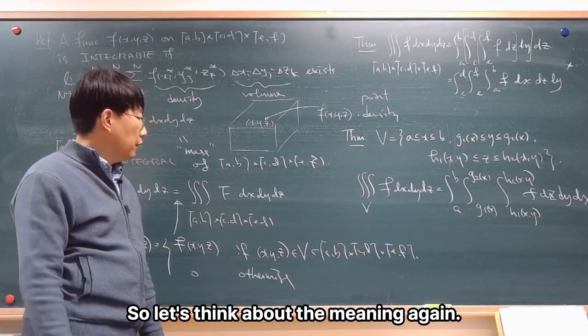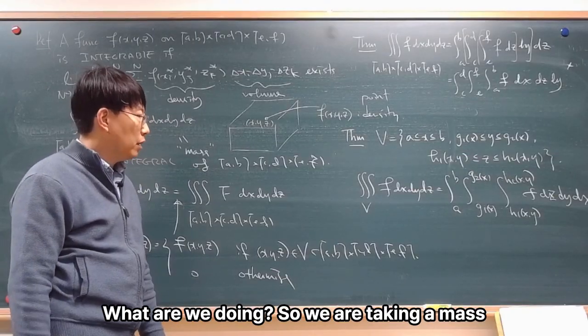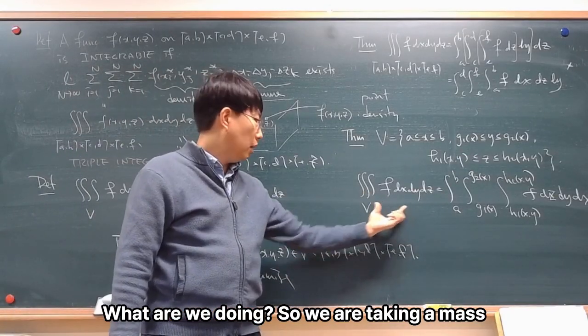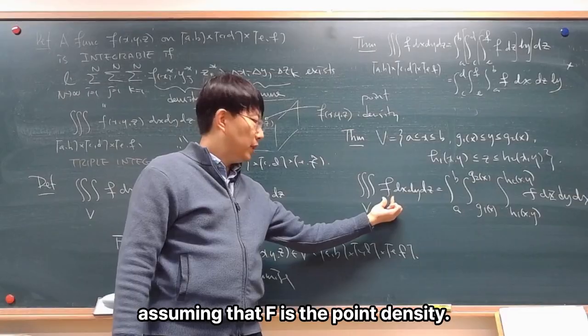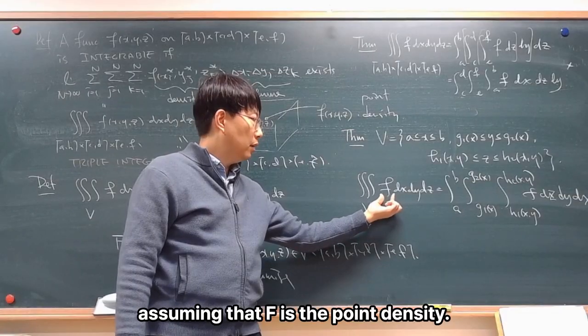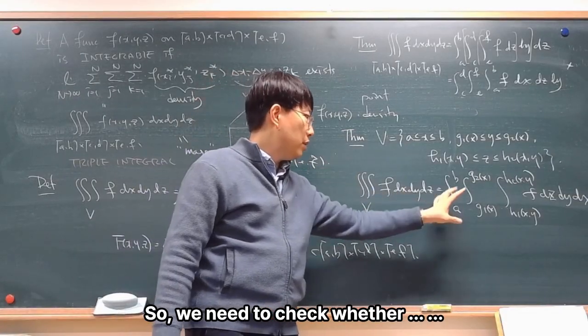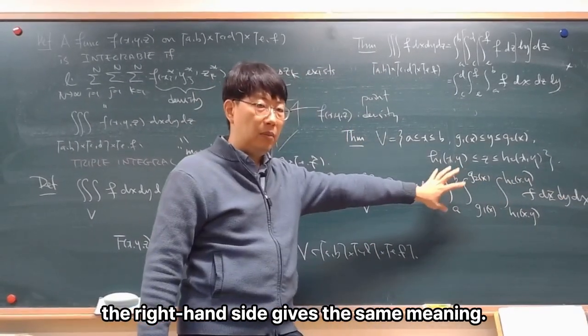Okay, so let's think about the meaning again. What are we doing? We are taking a mass of the volume V, assuming that f is the point density. So we need to check whether the right-hand side gives the same meaning.